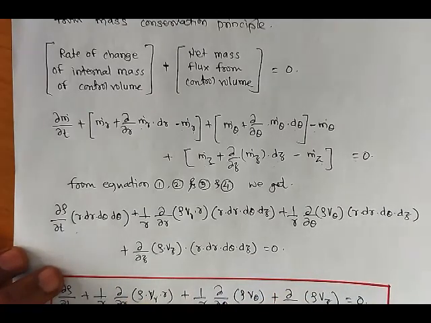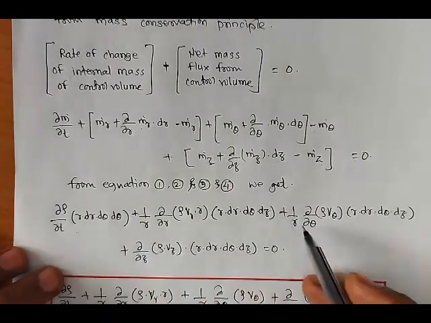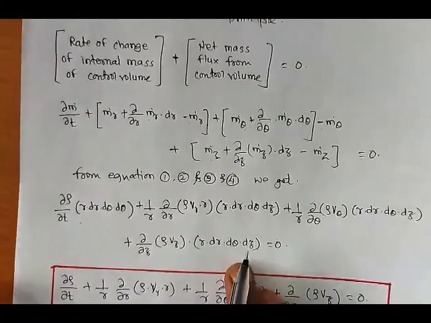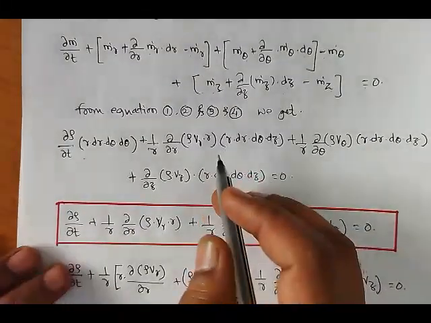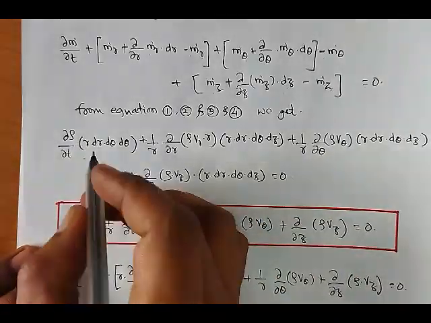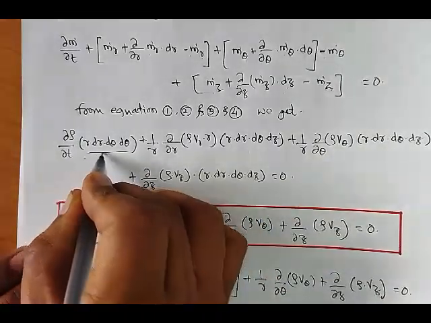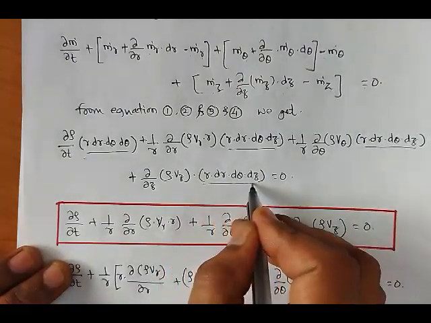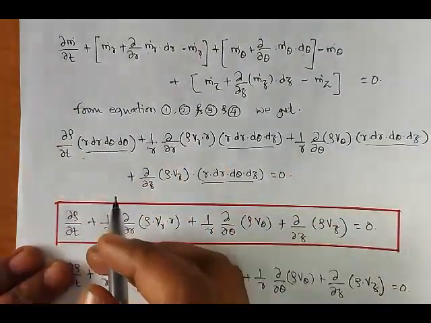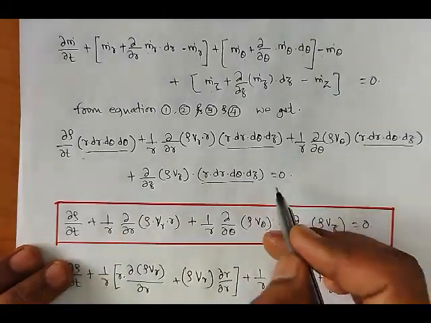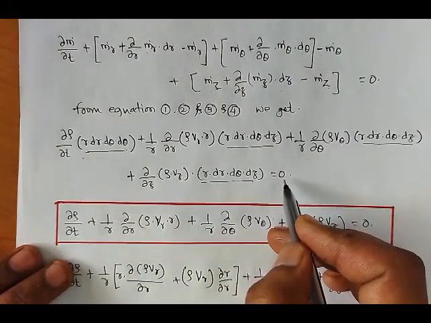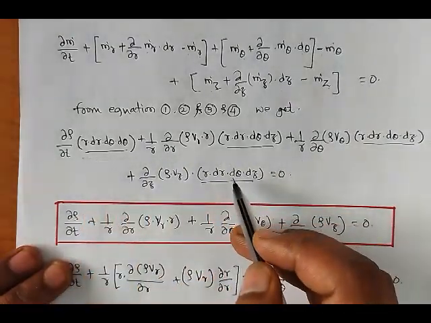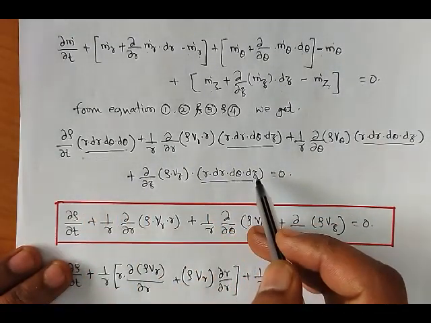Similarly from equations 2 and 3 we substitute the net mass flux in the θ and z directions. Now in this equation the volume term is common. If you take it common and multiply the other side with 0, it becomes 0, so we divide the equation by the volume r dr dθ dz.